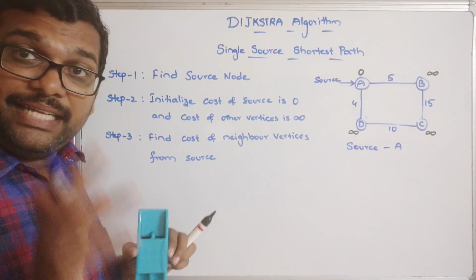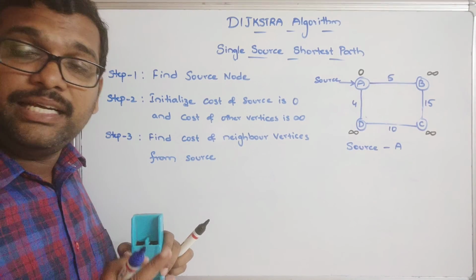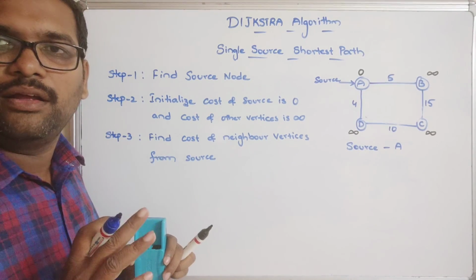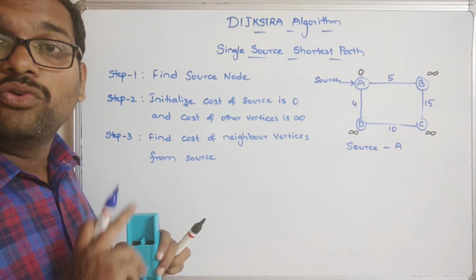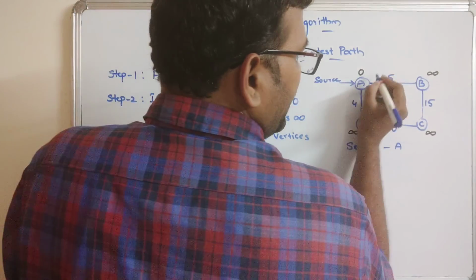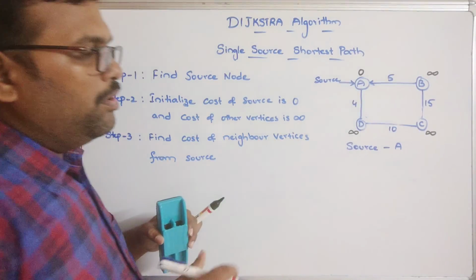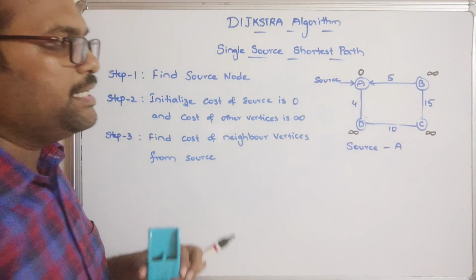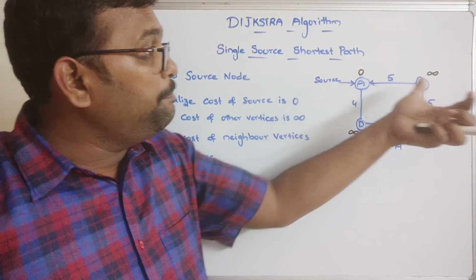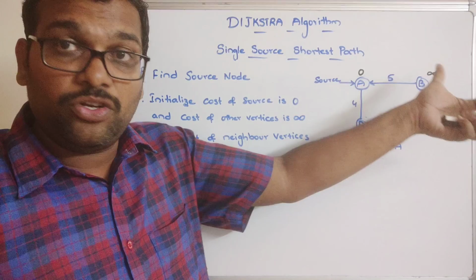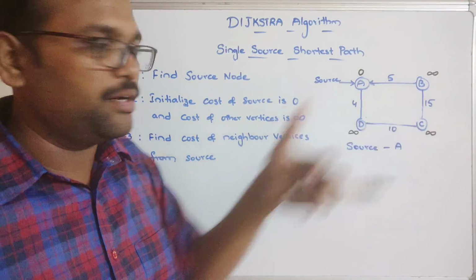Okay, if it is a directed graph, consider the outgoing arrow marks, not the incoming arrow marks. If it is directed, the neighbor vertex will be D, not B, because B is connected to A, but A is not connected to B, because of the direction.